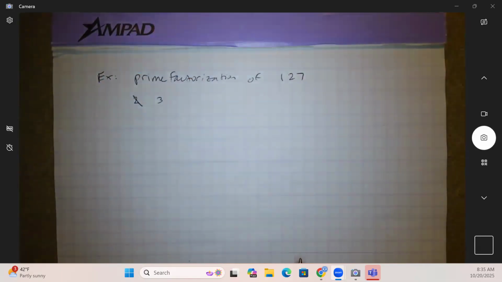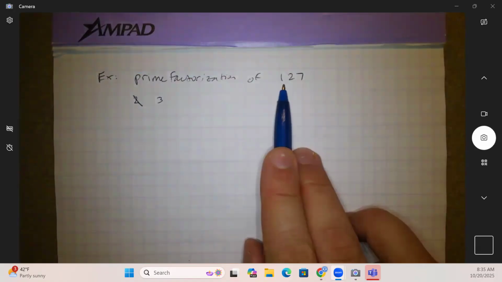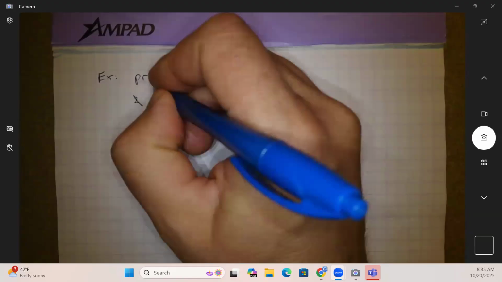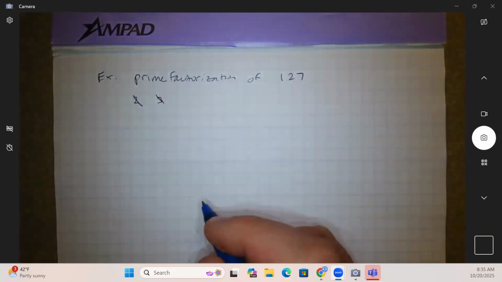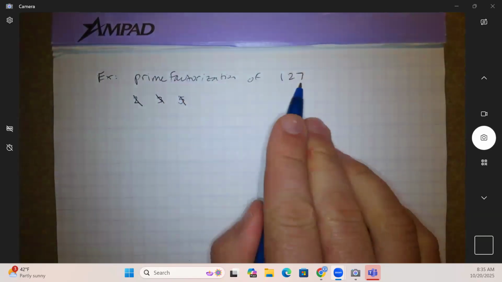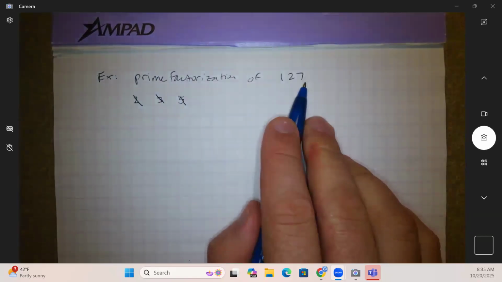How about 3? It seems like it, because 27 is divisible by 3, but that 100's going to mess things up, actually. It's like 42.3, I think. Right? Okay, that doesn't work. Is 5 going to work? No, doesn't end in 5. Is 7 going to work? You just check with your calculator.